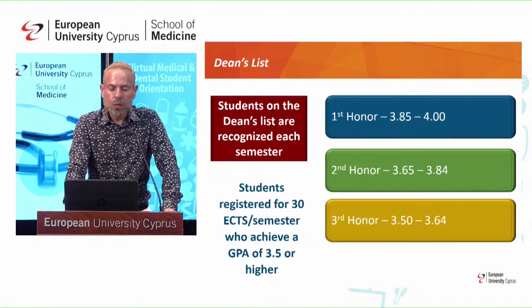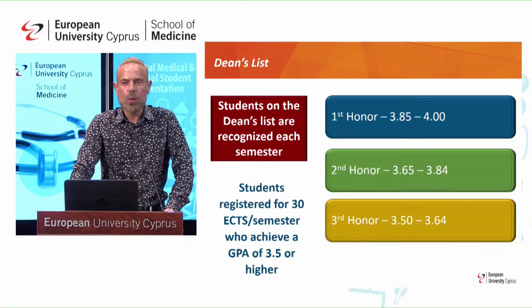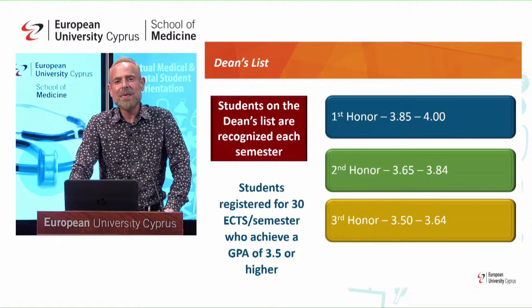A student who receives a first honor is a student whose GPA is between 3.85 to 4, the second honor between 3.65 to 3.84, and the third honor between 3.5 to 3.64. So in reality, you see that the Dean's List rewards everybody who has a GPA of more than 3.5.